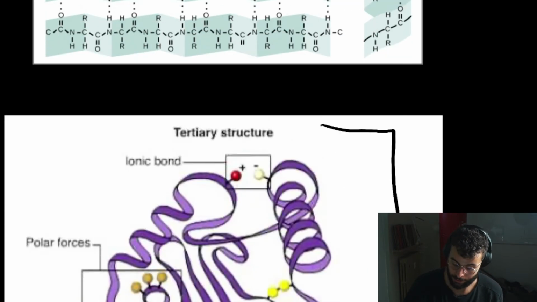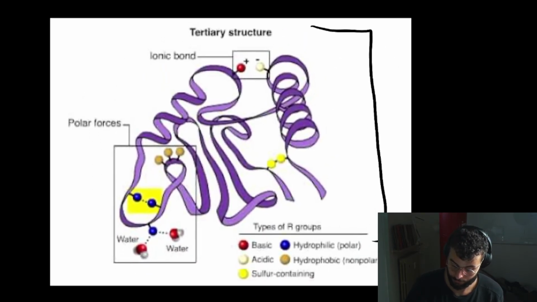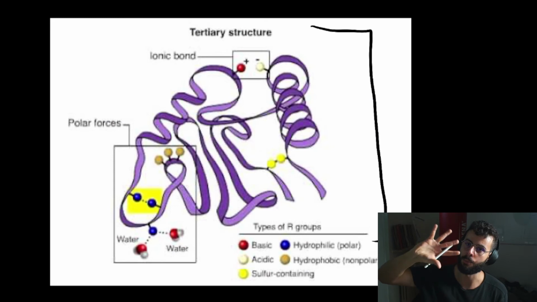And as we said, unlike the carbon backbone of the amino acids in the secondary structure, the R groups have more ways to rotate and to be positioned on the amino acid. So they will be more free to create more shapes.